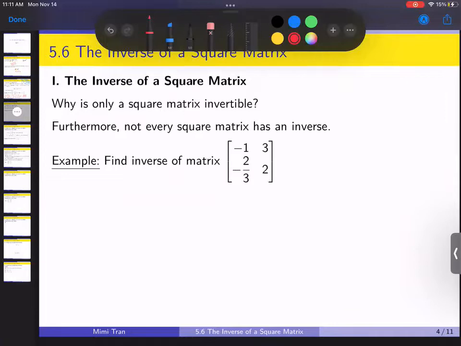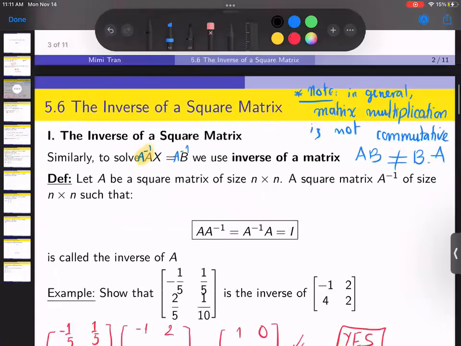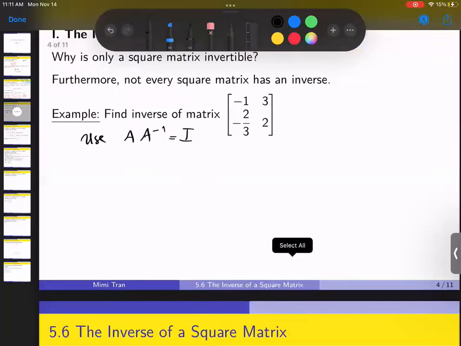So I want to find the inverse of this. I know that A times A inverse is equal to the identity matrix, from above. So if this is matrix A, I'm going to take the matrix A, which is -1, 3, -2/3, 2, and multiply with the A inverse, which I don't know the entries of.